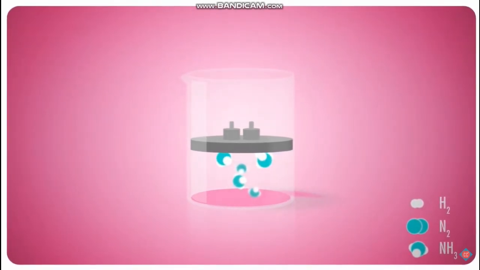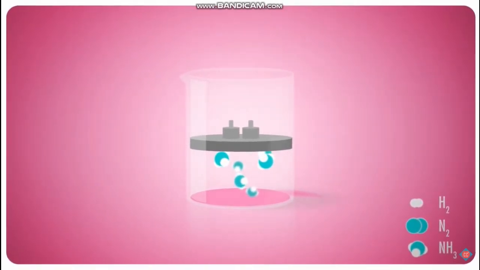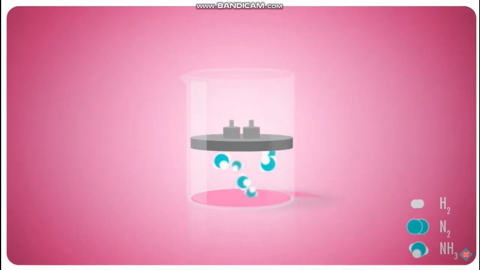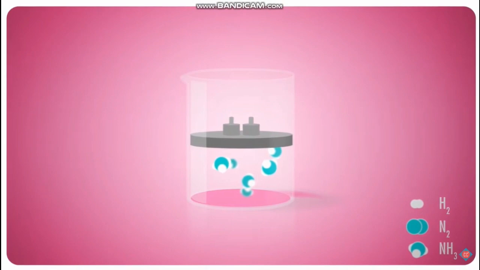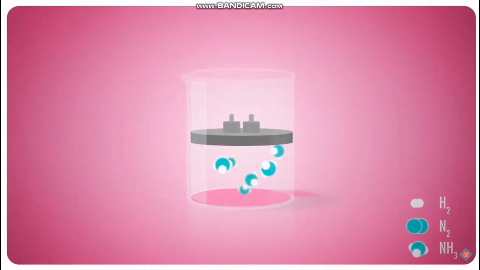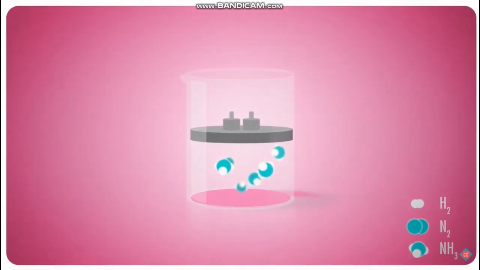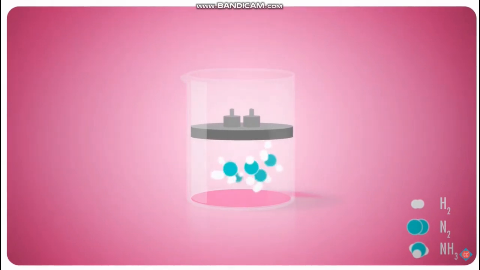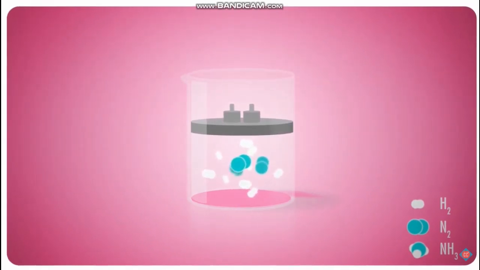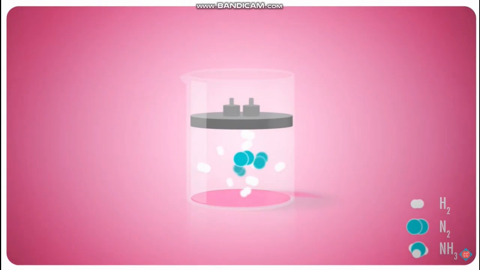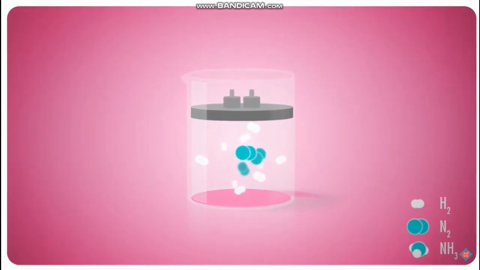A decrease in pressure on the above system could be achieved by pulling the piston outward, increasing the container volume. The equilibrium would respond by favoring the reverse reaction, in which ammonia decomposes to nitrogen and hydrogen.